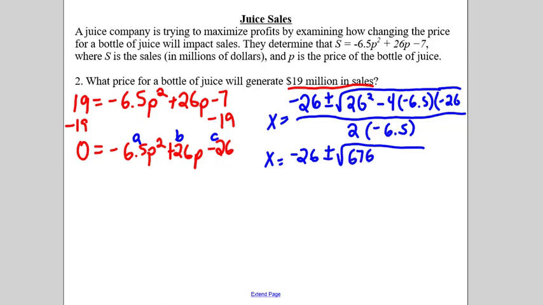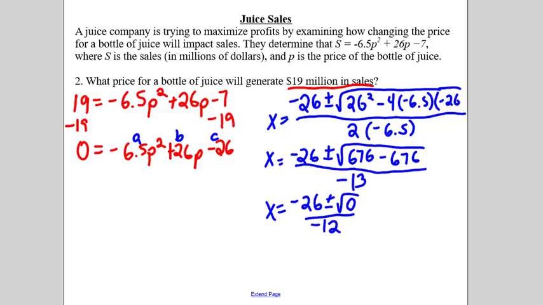Negative 4 times negative 6.5 times negative 26 is also negative 676. Kind of a crazy thing to happen here. And then the denominator becomes 2 times negative 6.5, which is negative 13. That means that my radical ends up being plus or minus the square root of 0 over negative 13, which means the radical goes away. I have negative 26 over negative 13, which is 2.